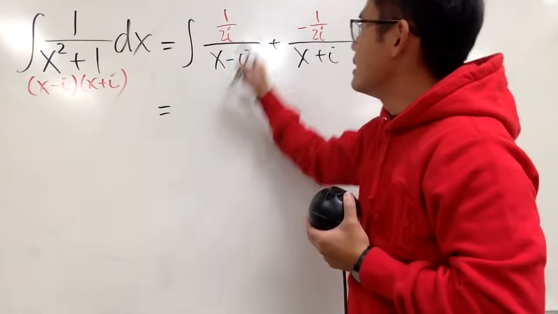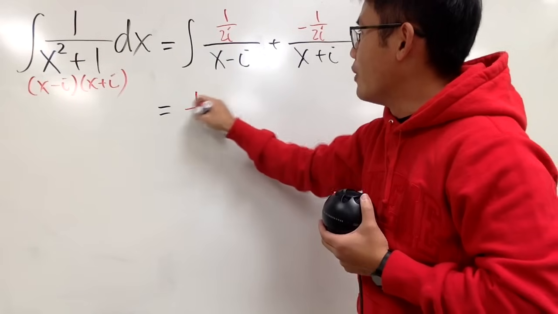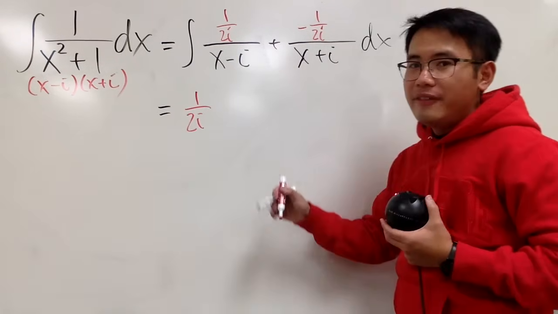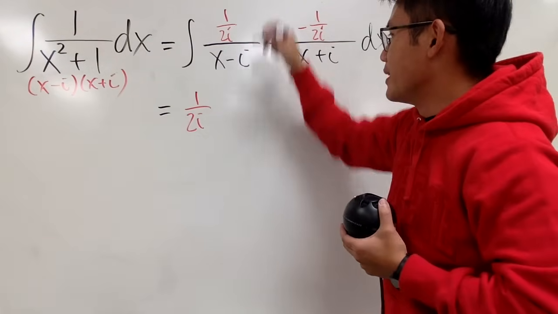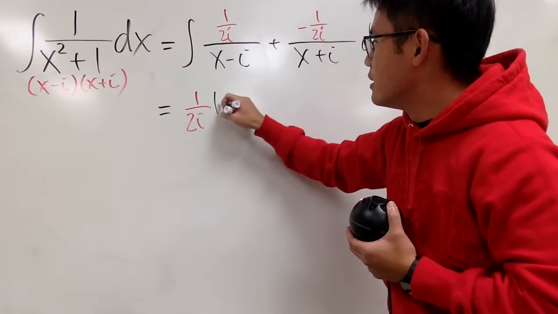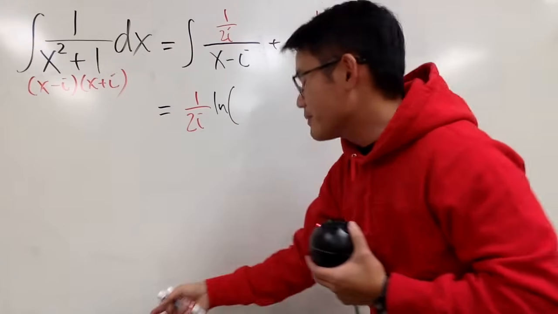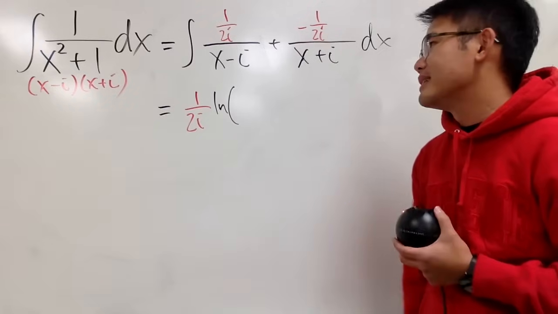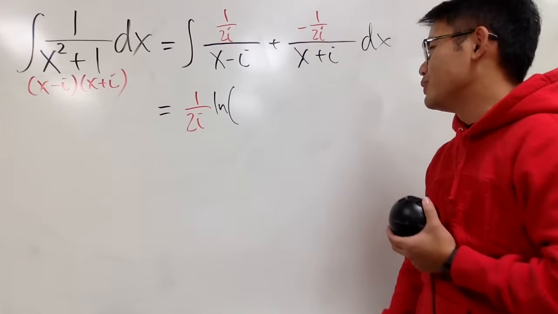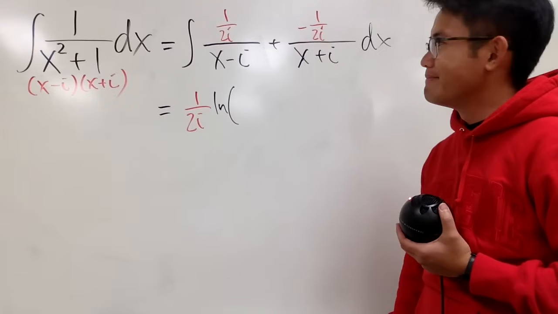So let's see what happens. This right here, you can just maintain that 1 over 2i. And then if you integrate this remaining part, you get natural log of, well, technically, absolute value. You're in the complex world already. Do you really need absolute value?